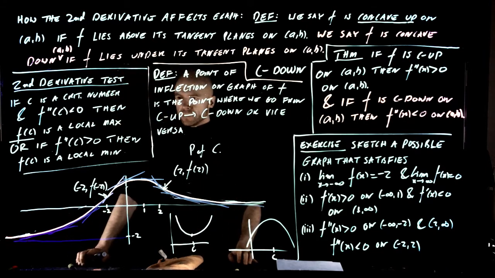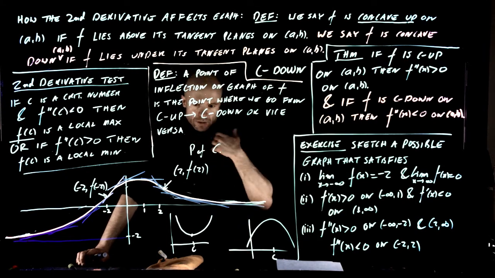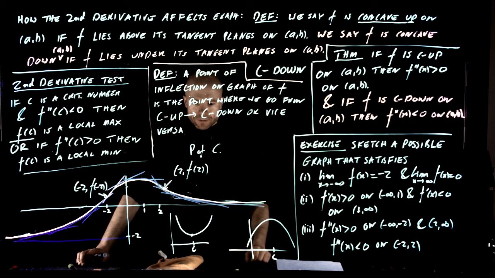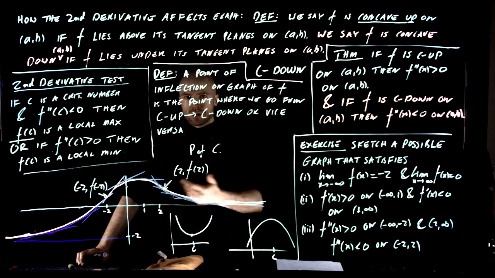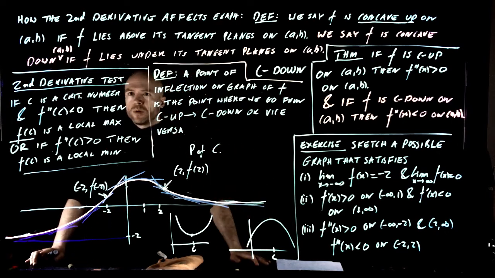Cool. All right. So with this test, we can sometimes figure out much more quickly if we have a local max or a local min, because we don't have to test values to the left or the right of C. We can just plug C into f double prime.